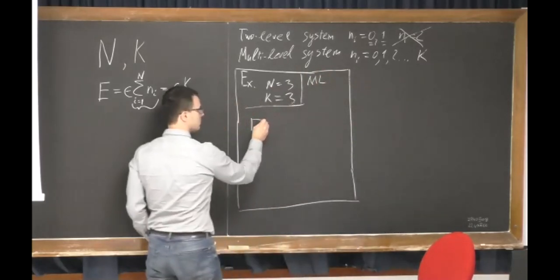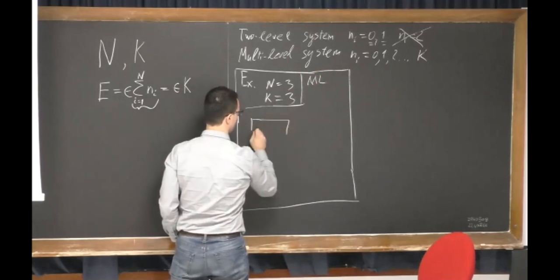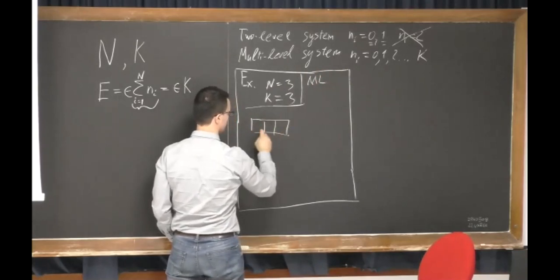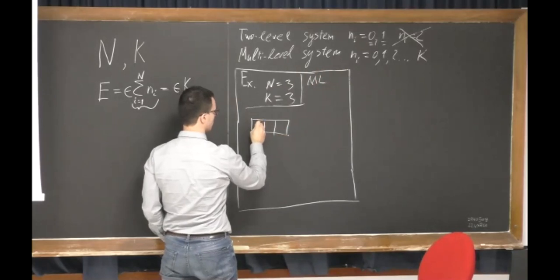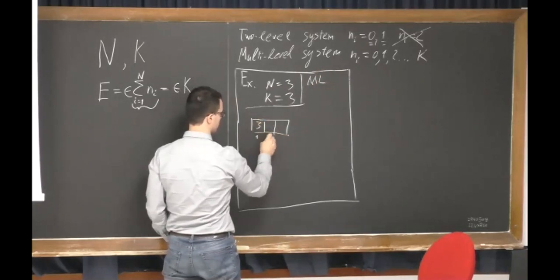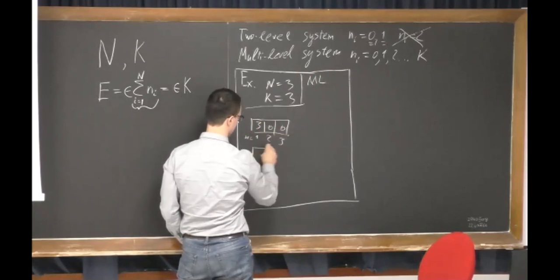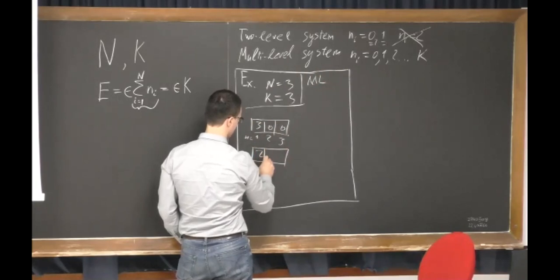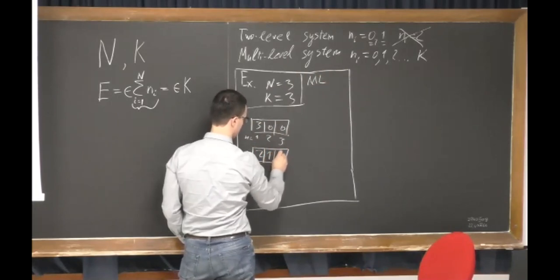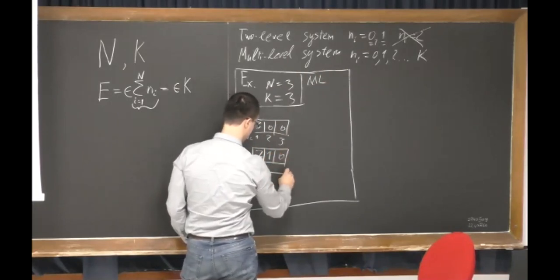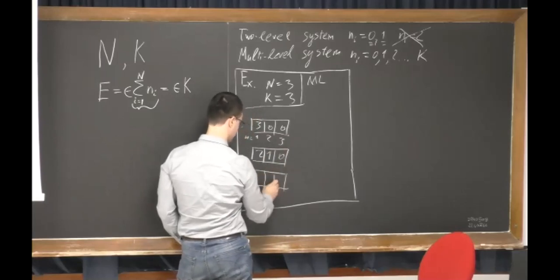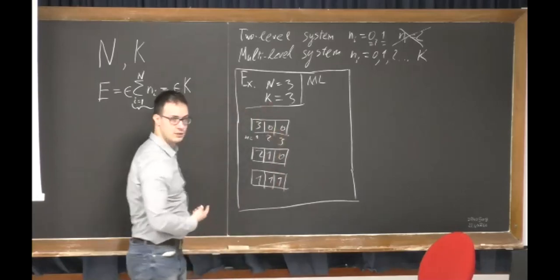You could have 3 excitations in one particle, so this is Ni: 3, 0, 0. You could have 2, 1, 0. You could have 1, 1, 1. These are all allowed states.